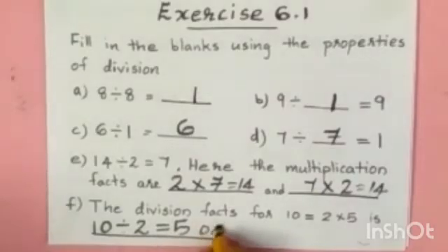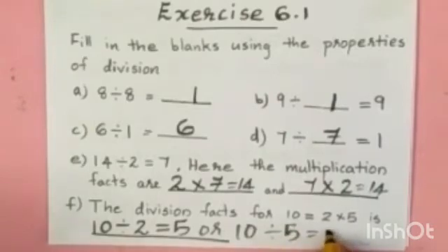Or 10 divided by 5 is equal to 2. 10 is equal to 2 into 5. So we can write 10 divided by 2 is equal to 5, or 10 divided by 5 is equal to 2.